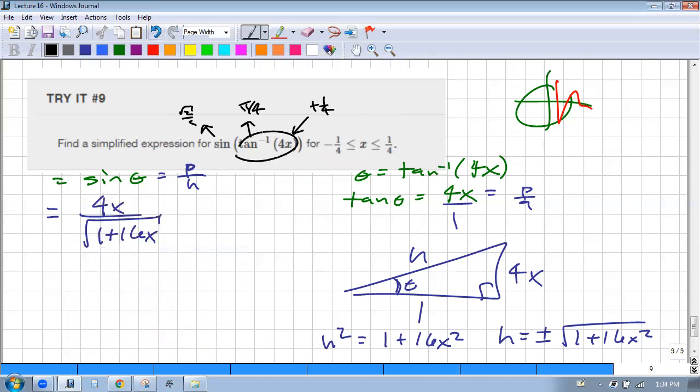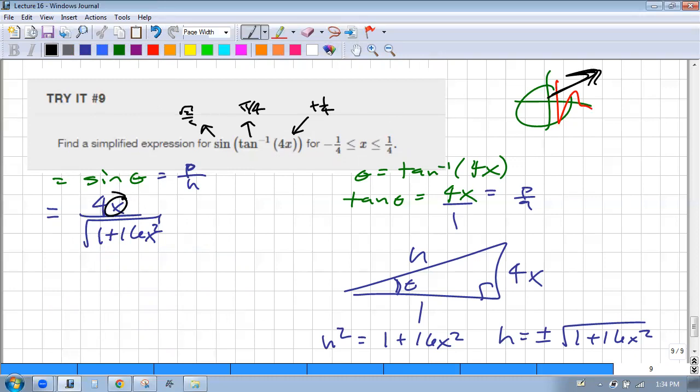The key here is that with the tangent inverse, you're going to get an x by itself. If it's squared, plus or minus, you square it, that's gone away, right? But an x by itself, that could be positive or negative. So it turns out our sine, if x is up there, then our angle is up there, and sine should be positive up there.